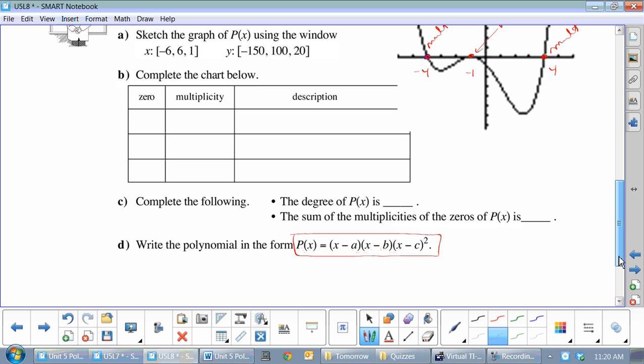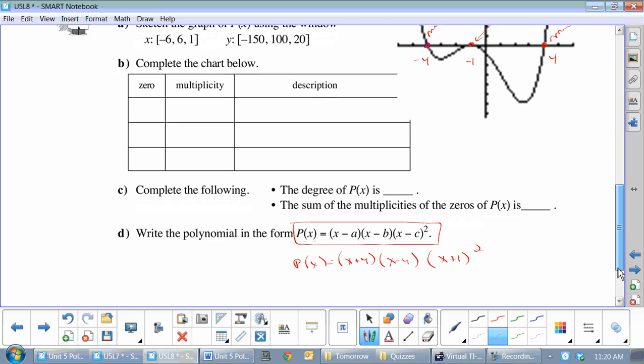A and B, you have your choice. But there's only one c. Okay? So, p of x equals x minus negative 4, so x plus 4. And then I'll put x minus 4, and since that's multiplicity 2, that would be x plus 1 squared. So the value of c would actually be negative 1.